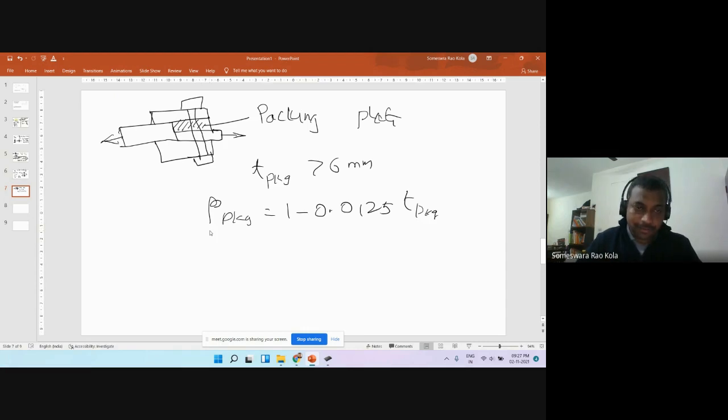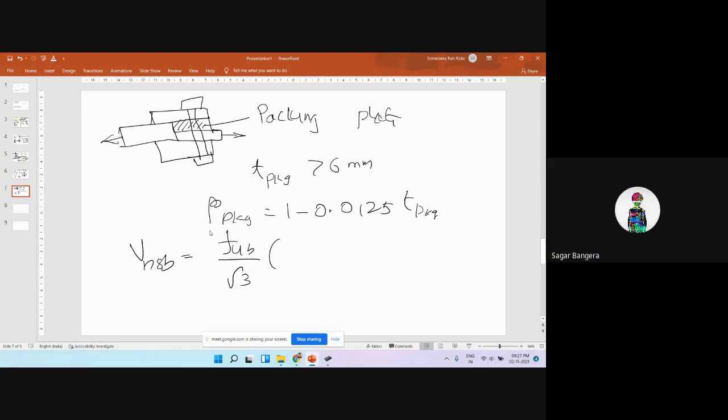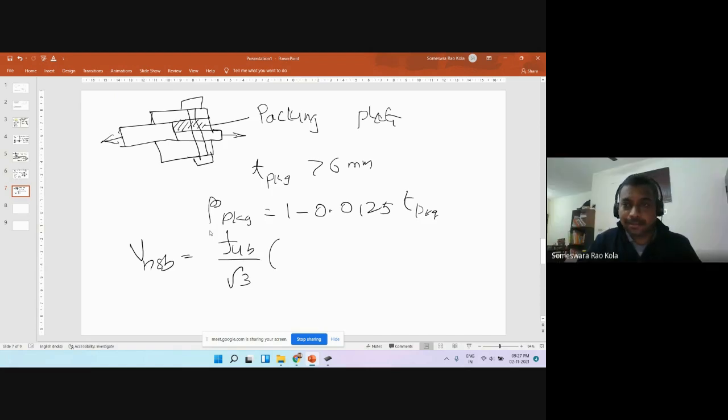So now the effective nominal shear strength of the bolt will become, of course, the strength fub by root 3 into Nn An plus Ns As, into all these 3 fellows, beta Lj, beta Lg, beta pkg.